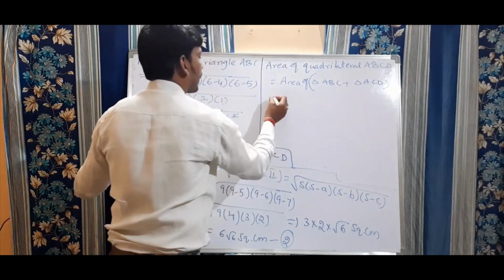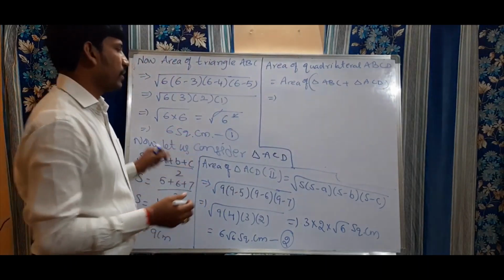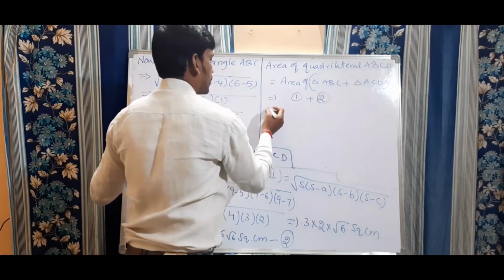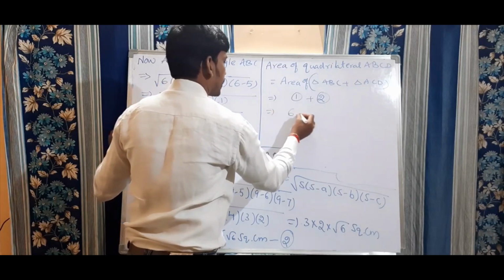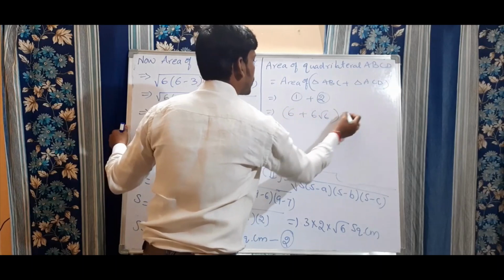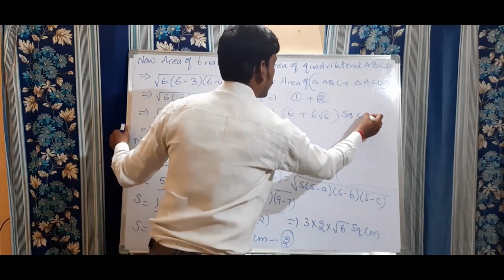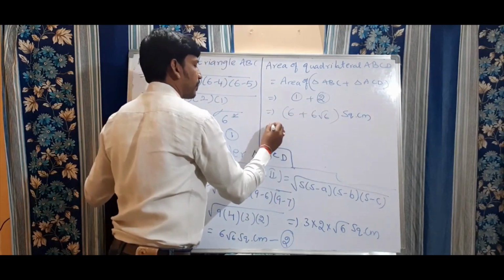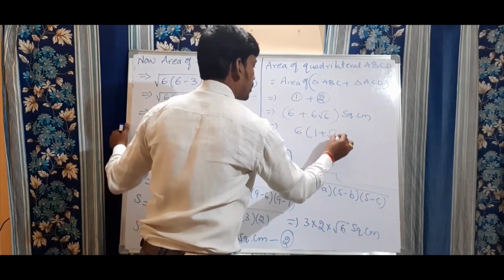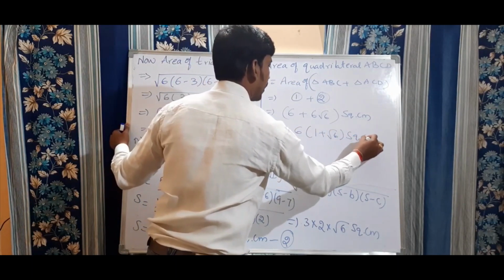That is, by adding equation number 1 and 2, you will get the answer, which implies this is 6 plus 6 root 6 square centimeters. If you want to take 6 as the common factor, you will get the solution: 6 into (1 plus root 6) square centimeters.